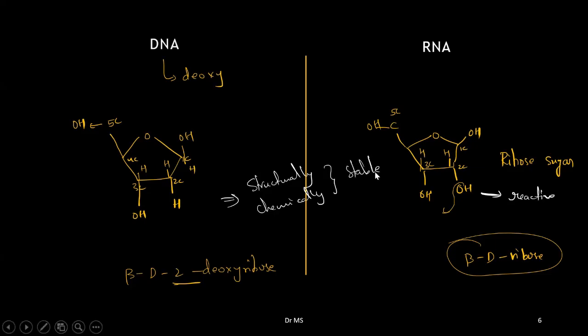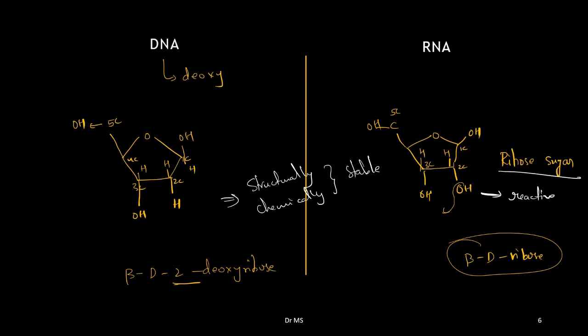Just remember, in DNA the second carbon lost the oxygen, so it is called the deoxyribose sugar, whereas here the second carbon contains the OH group, so it is called the ribose sugar. Understood? So why is DNA more stable compared to RNA?